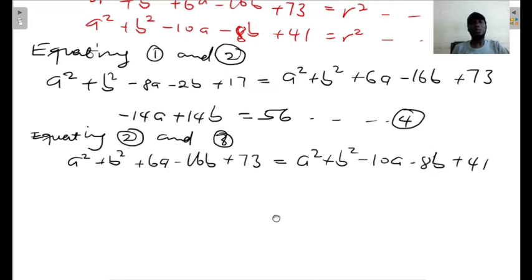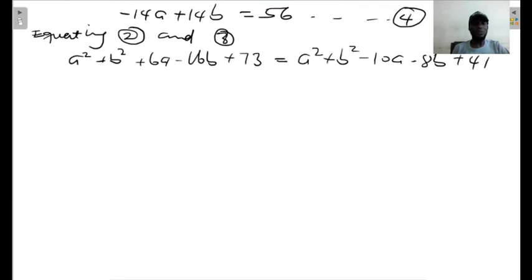Good. So by regrouping, we are going to have a squared minus a squared is 0, b squared minus b squared is 0. 6a, this becomes positive, so plus 10a will give us 16a. Then negative 16b plus 8b will give us negative 8b. And this will be equal to 41 minus 73 will give us negative 32. Let's call this one equation 5.